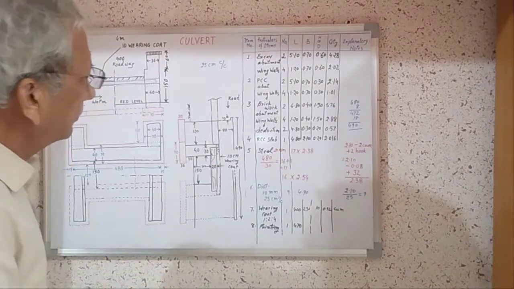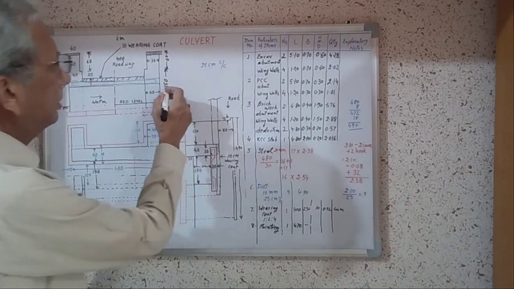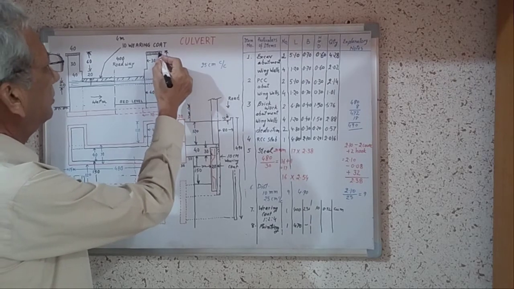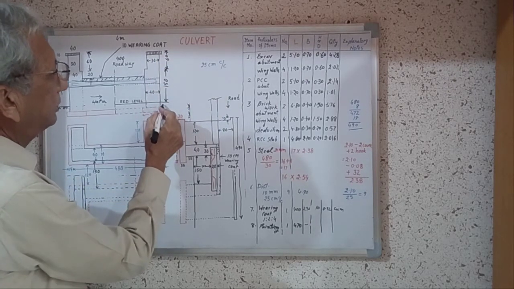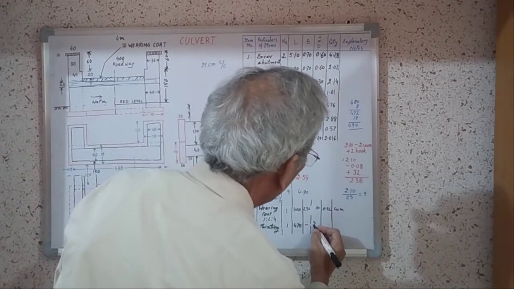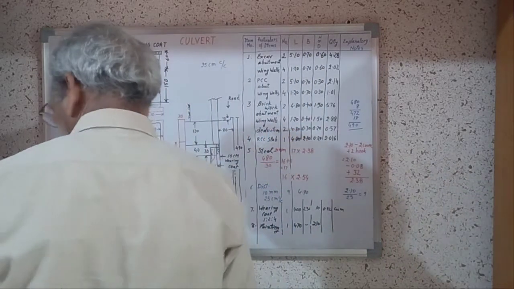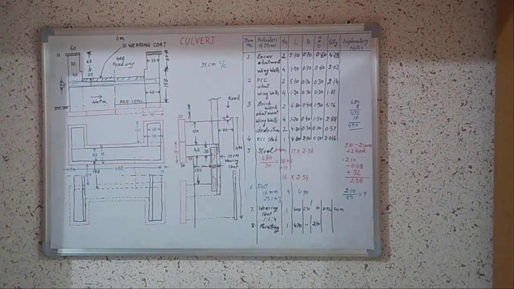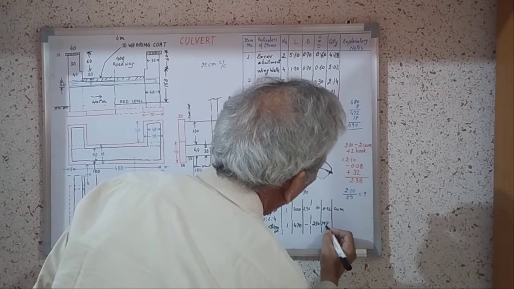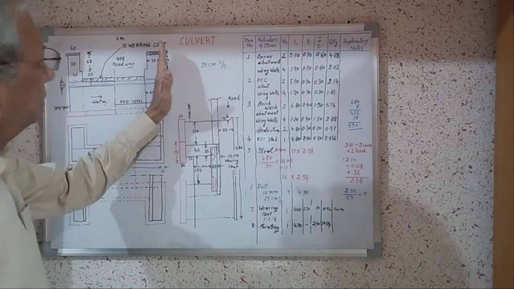Height will be, as I have told, 150 plus 60, 210 minus 10, 2 meter plus 10 inside the soil, 210. Quantity will be 19.74.